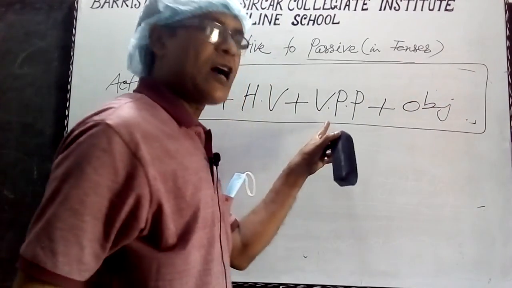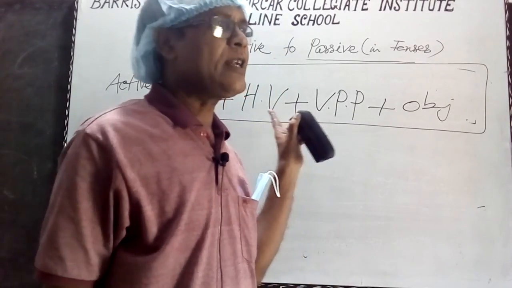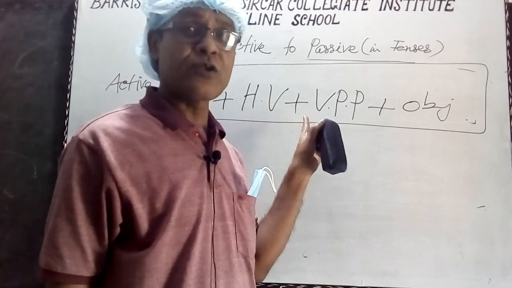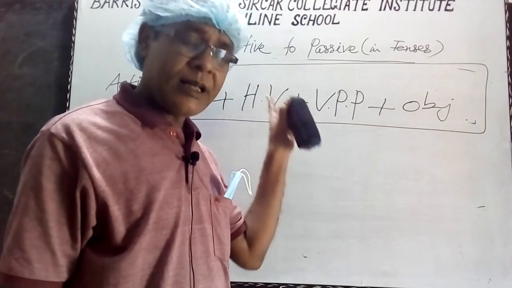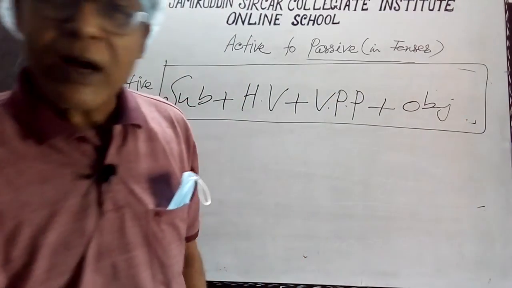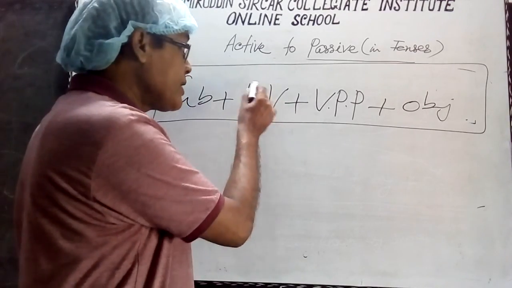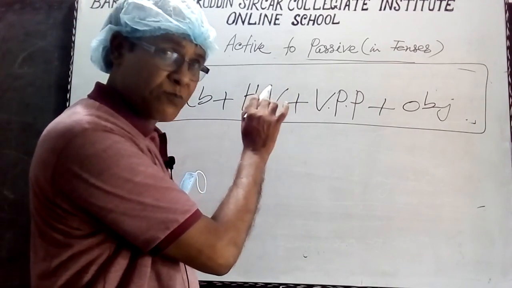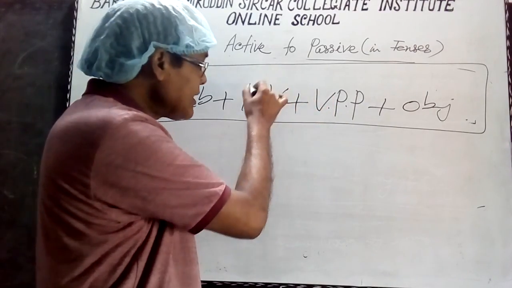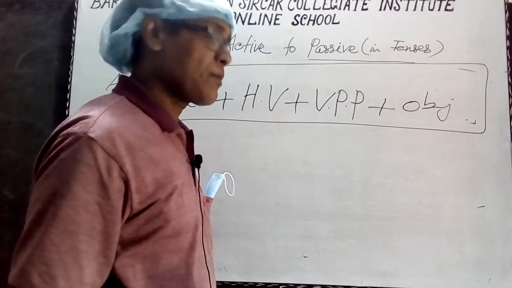And if the verb is in the past participle form, we must know that it is in the past perfect or present perfect or future perfect, that means it is in the perfect form, any kind of tense. How can you know if it is present perfect or another perfect? If there is have been, has been, then it is present perfect. If there is had been, it is past perfect. If there is shall have, will have, it is future perfect tense.